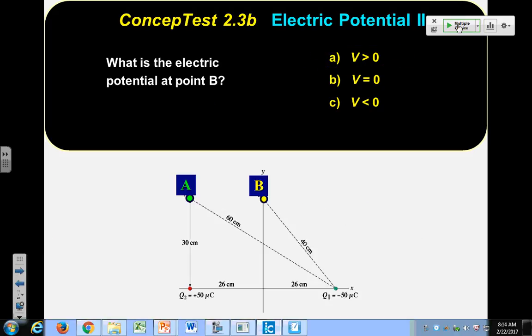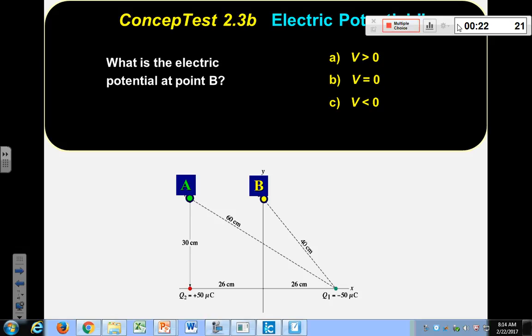What is the electric potential at point B? All right, point B is a point equidistant from both charges.